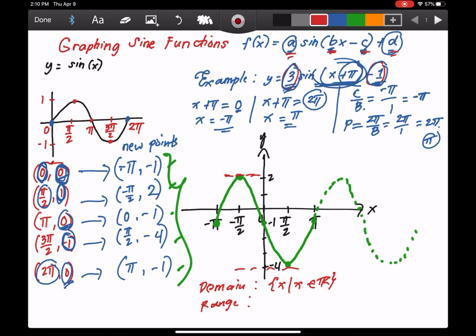It is the set of all y such that y is an element of real numbers such that y is greater than or equal to negative 4 but less than or equal to 2. Okay, so that's now the graph of our sine function.